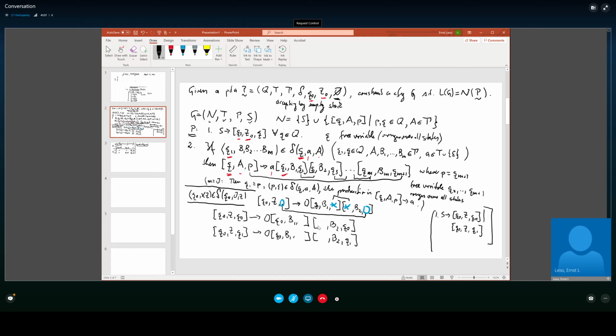And now we have to do this asterisk, if you will. And that has to range over Q0 and Q1. So if we stick in Q0, they have to be, of course, the same. Then we need the other possibilities, Z0, Q0, B1, and Q1. And then we have Q1, B2, and Q0.